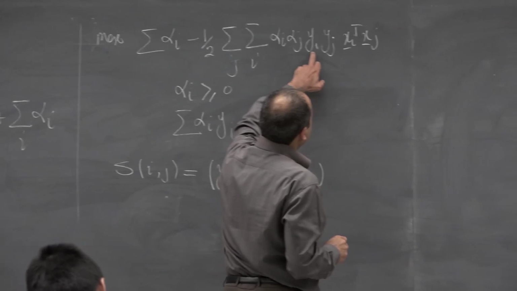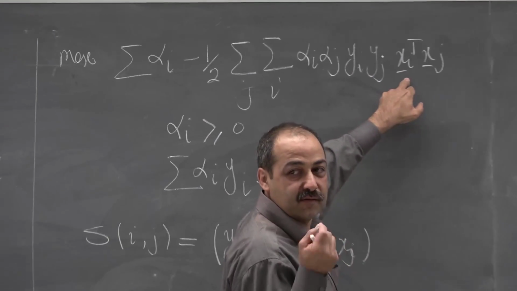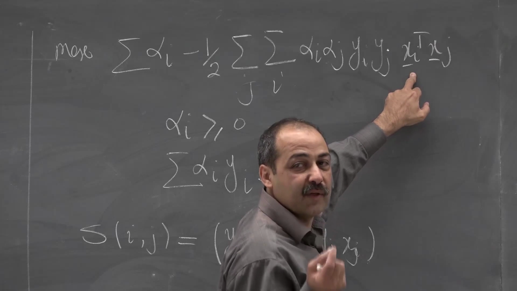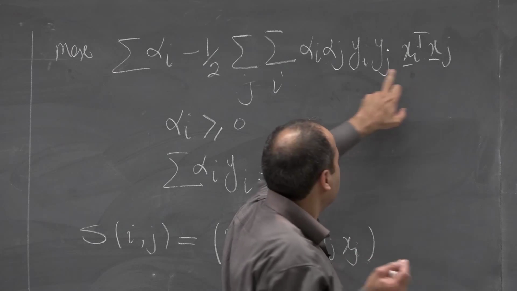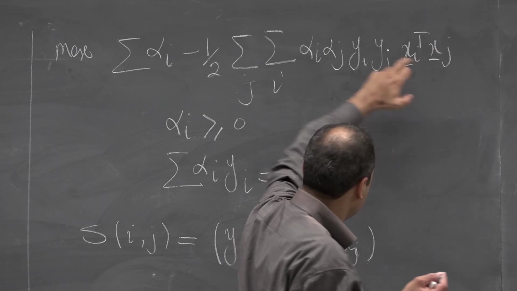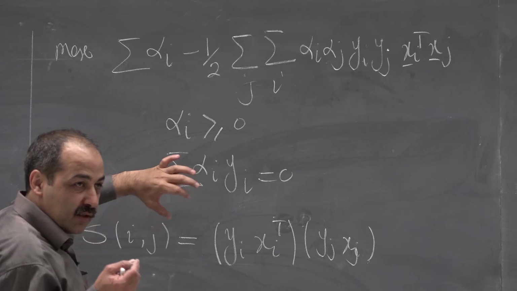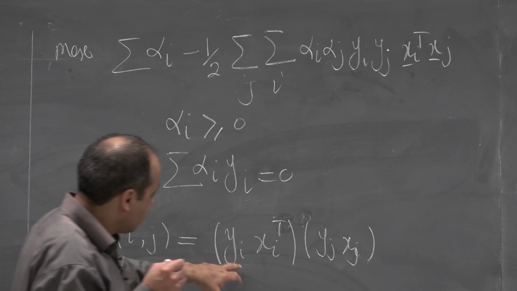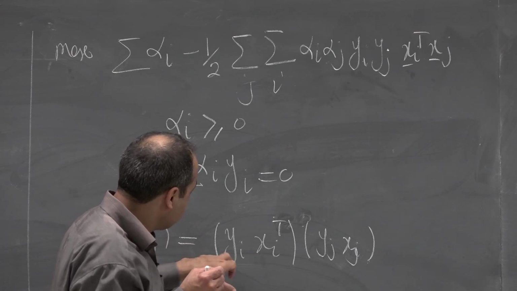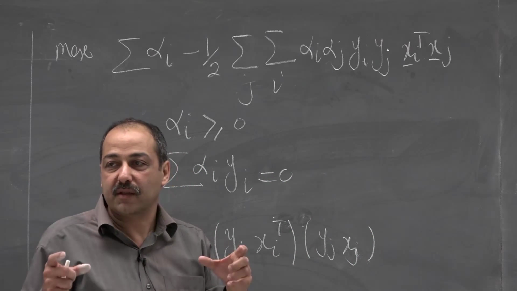I multiply this yi to this xi, where yi is a scalar, either 1 or -1, but x is a vector. I multiply this yj to xj. Then each element ij of this matrix is yi xi transpose yj xj, so it's an n by n matrix.